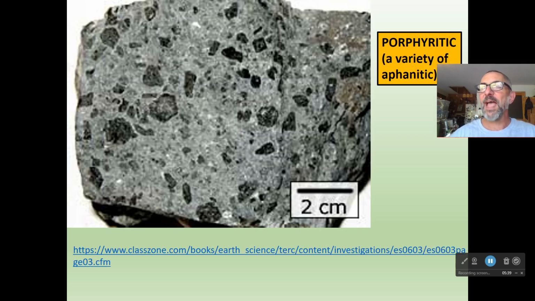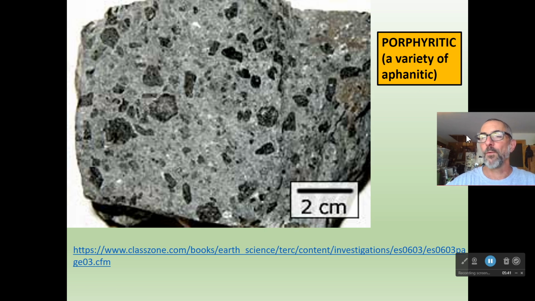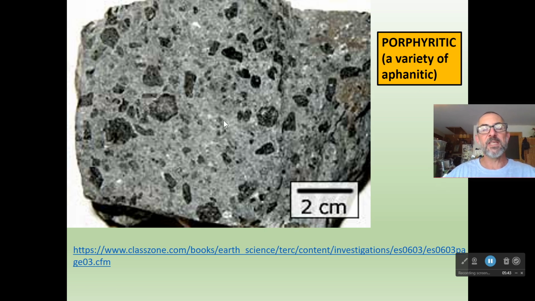Another version of aphanitic is called porphyritic, and it is an extrusive rock that nonetheless had a few early forming crystals below the ground, but the rest of the magma did not have a chance to solidify into rock yet. And so that was erupted as lava with crystals already in it. So the rest of that lava cooled quickly.